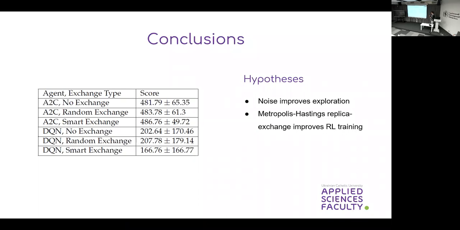And similarly for the second hypothesis, we see that with smart exchange, we have a little bit higher score and much more stable results. For DQN, as I said, we don't have enough results right now to have some meaningful conclusion. We can see that we have some inverse picture for noise, and we need more experiments on that one.